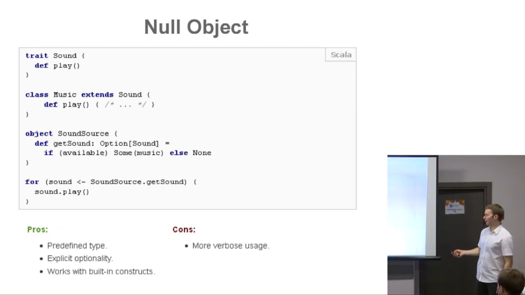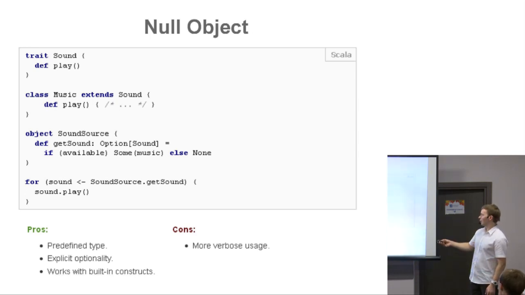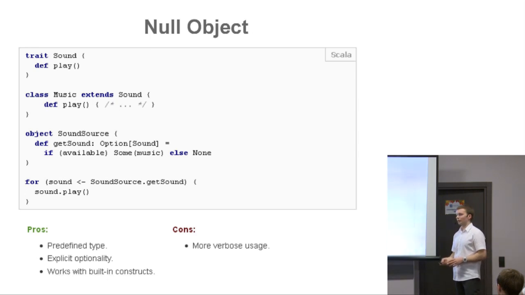Scala employs the same concept, yet it contains a predefined option type that is a general purpose null pattern implementation. So we can specify explicitly that the getSound method may or may not return some sound.